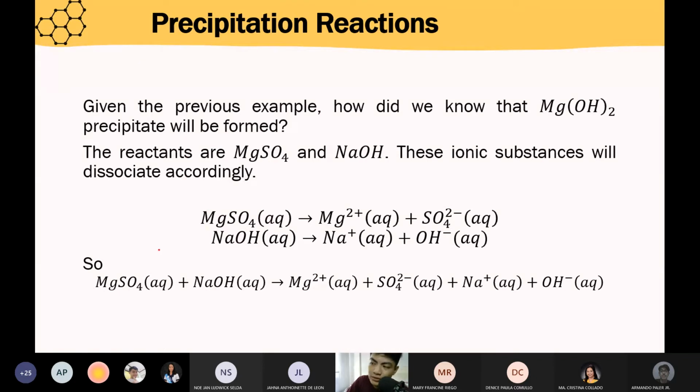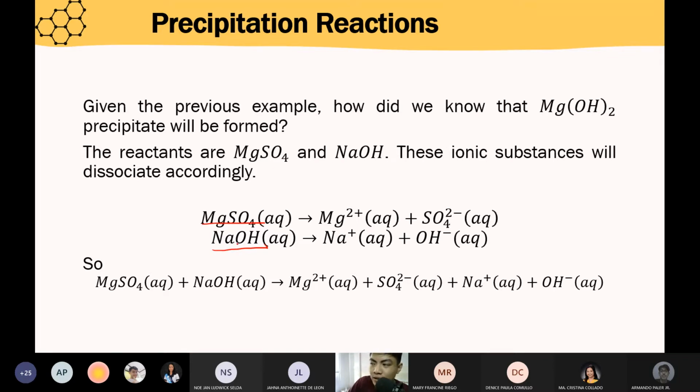So, ito yung unang gagawin mo, yung MgSO4, NaOH, you have to convert them into ions. And, again, keep in mind that you should know kung ano yung ions na meron ka, ano yung charge niya. Kailangan kabisado nyo na yun kasi last chapter pa yun. Okay? So, kailangan alam mo yung ions mo dito, MgSO4, obviously that's Mg2+, SO4 2-.